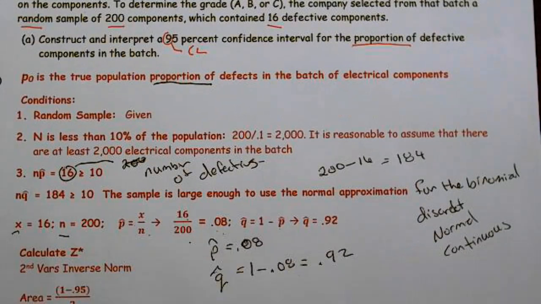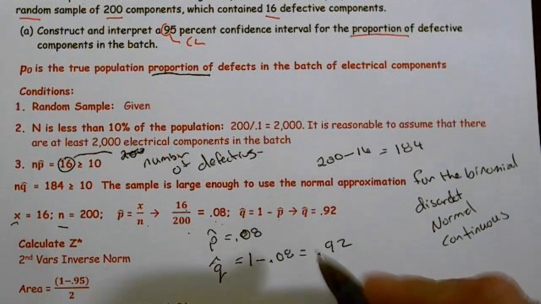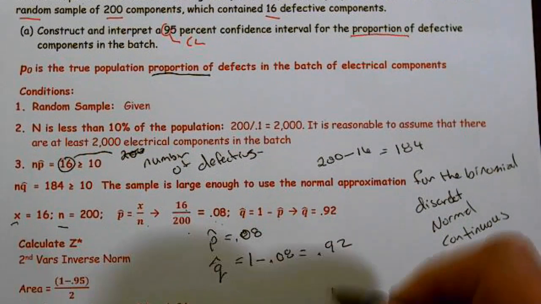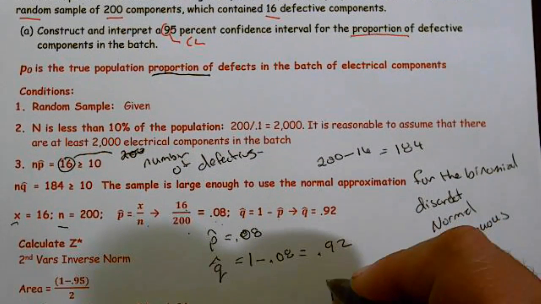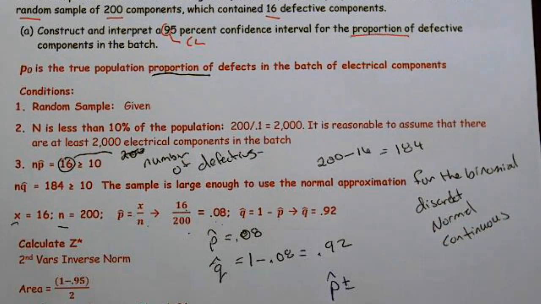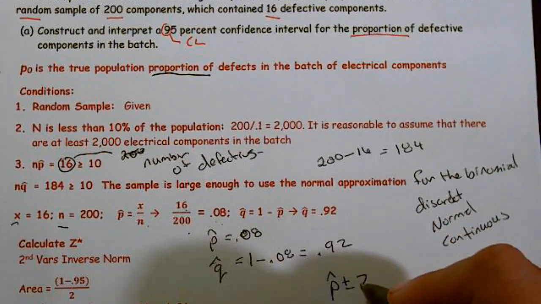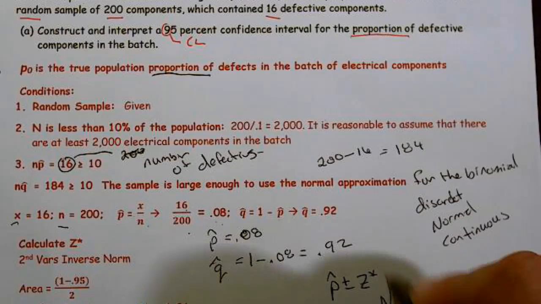All right. If we write our formula down, we're going to end up with a formula of p hat plus or minus z star times the square root of p hat q hat over n.